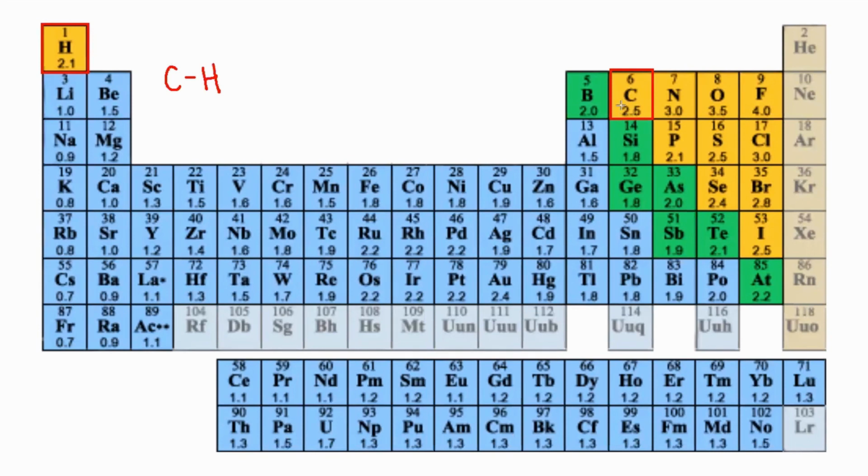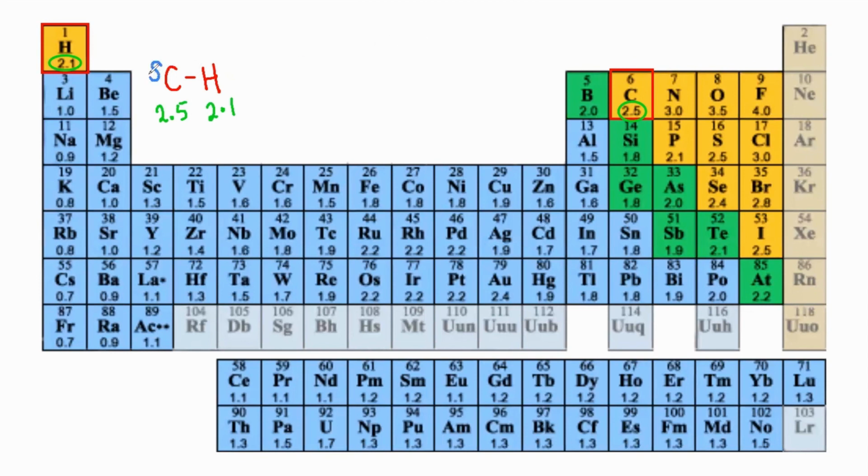But also, let's look at the values. The electronegativity value of carbon is 2.5, and the electronegativity value of hydrogen is 2.1. We know that carbon is more electronegative and therefore is going to be pulling those electrons closer to itself.